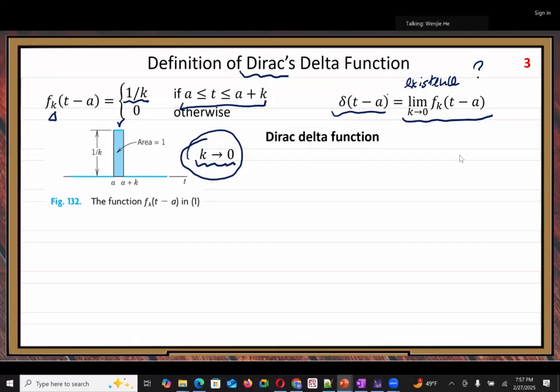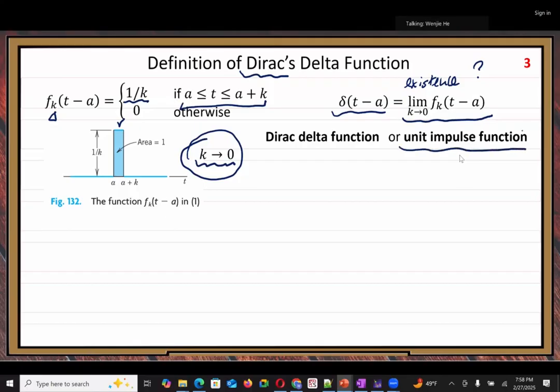It is very important in engineering, in solving engineering problems. We can treat it as a tool, and this tool is very powerful in solving many application engineering problems. So we need this tool. Here we give it a name: the Dirac delta function, or unit impulse function.